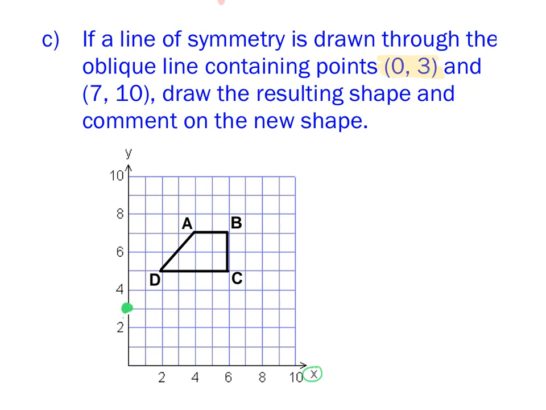Now, the other point it gives us is 7, 10. So, 7 on the x-axis is right here, 10 on the y-axis is right here, so we go to where those points meet up, and those points meet up right here. So this is 7, 10 right here, so we're going to draw a dot at 7, 10. And then we're going to draw a line connecting those points.